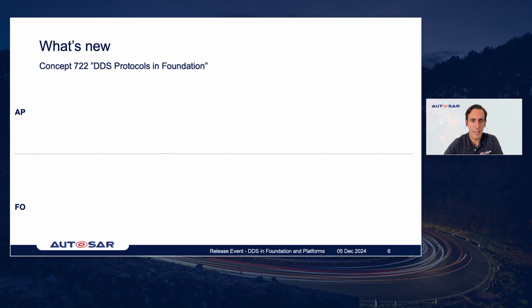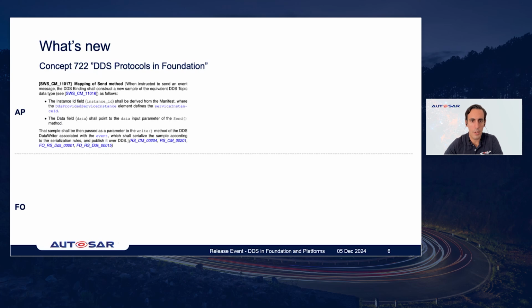So now the spec items in both AP and foundation look like I'm depicting here. So before all of this in AP, you will have these big requirements that kind of intertwine application layer APIs from ARA::COM with DDS-specific API interactions. And now that very same spec item from the adaptive platform looks like what we have on the right side.